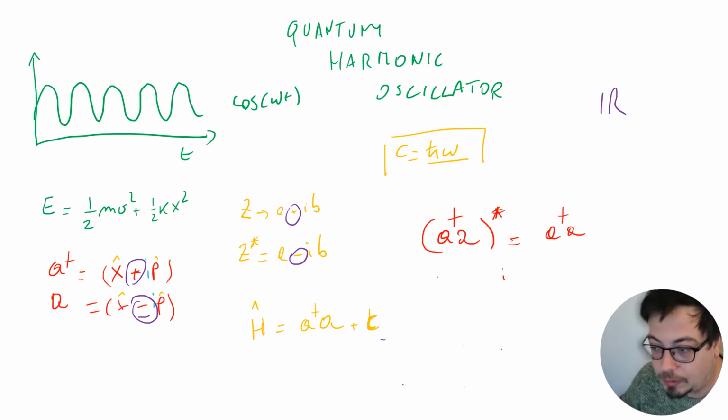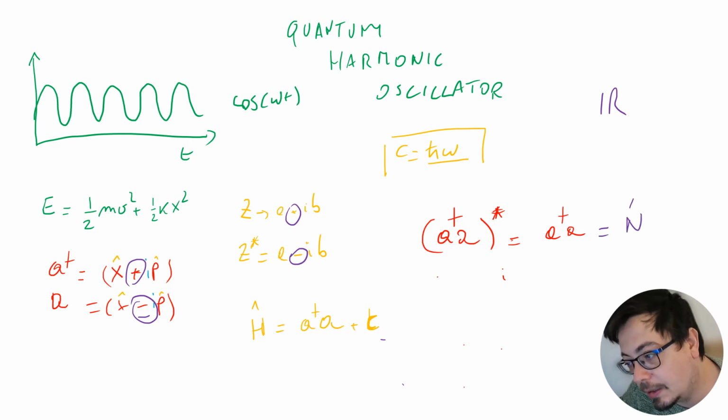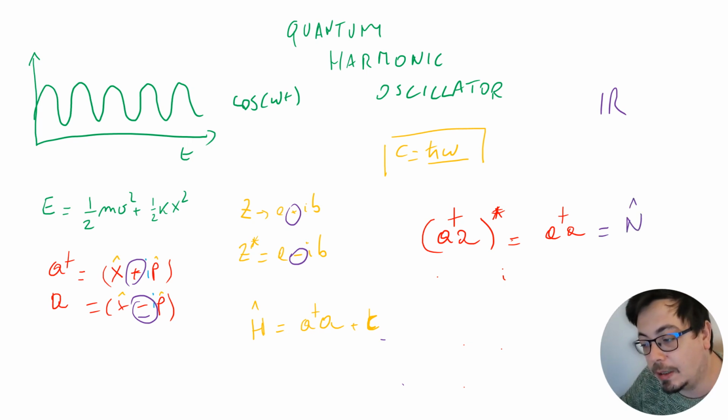Okay, so in fact this operator is called the number operator, as we will see today, and it will give us the number of quanta of energy that are in the system at that particular instant in time.